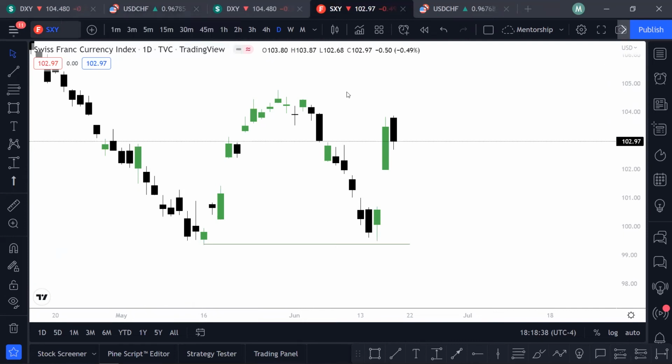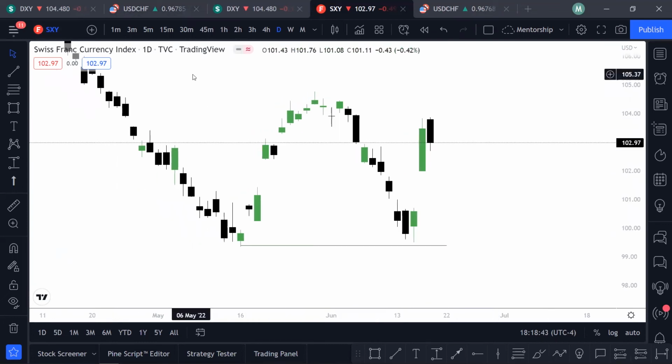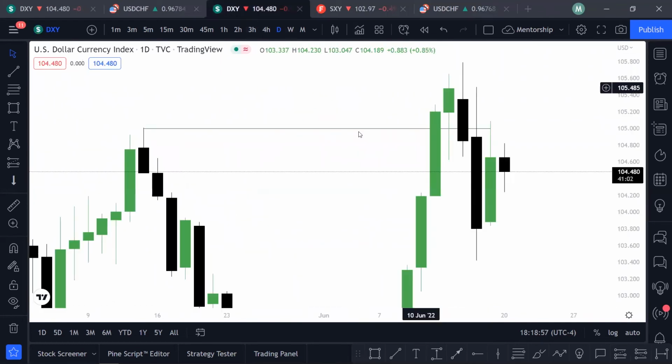Use the currency index. Why sell here? It is because the Swiss is buying, the Swiss is rejecting this level here, and the dollar is rejecting this other level.